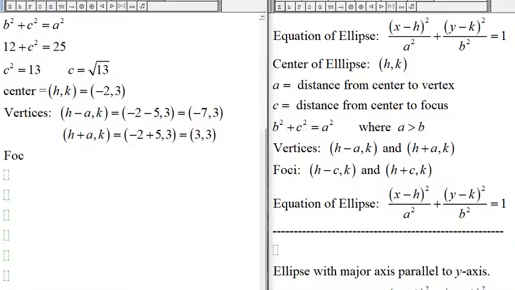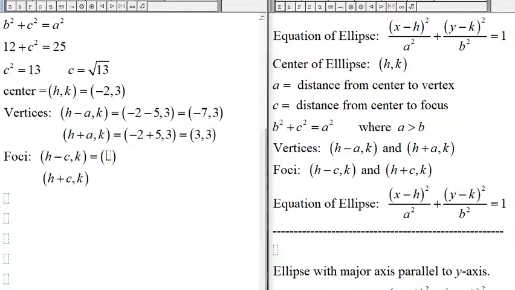And then the foci, so instead of a, it would be c, and then we have h minus c.